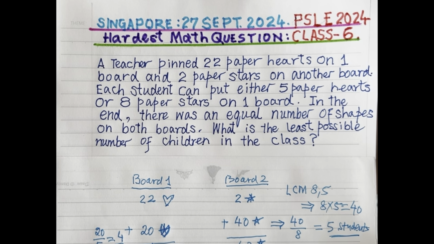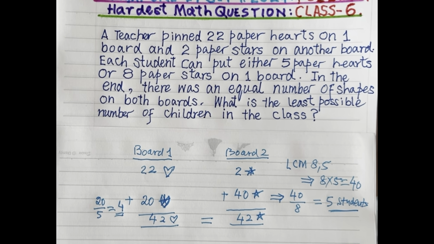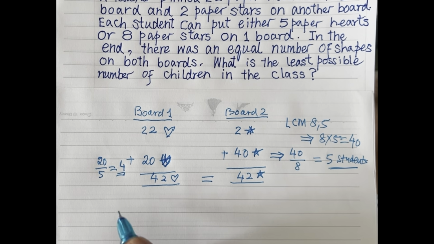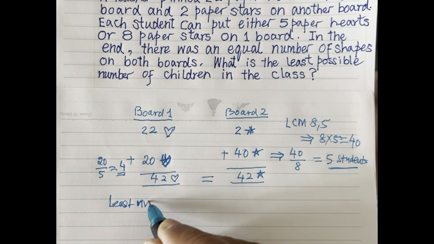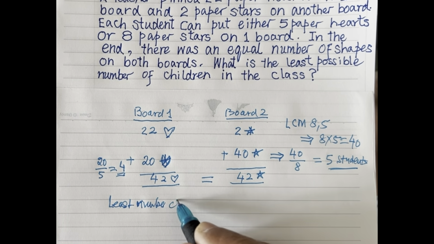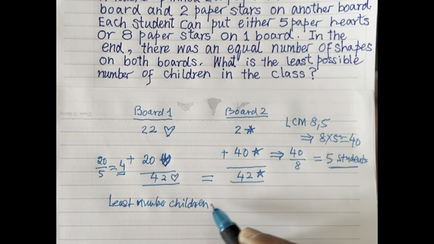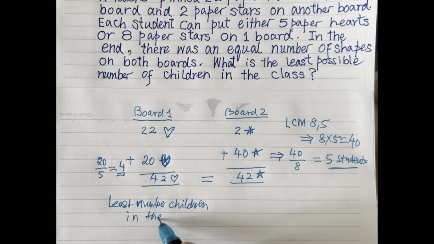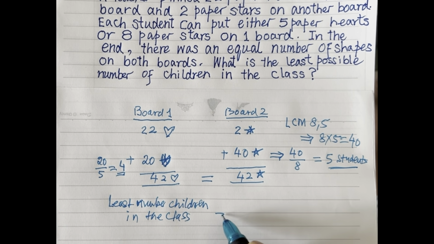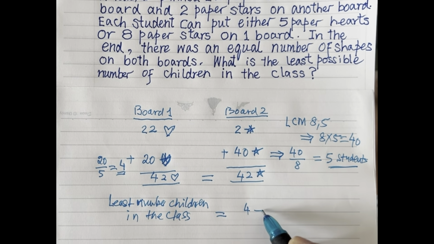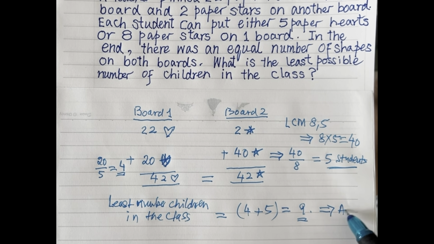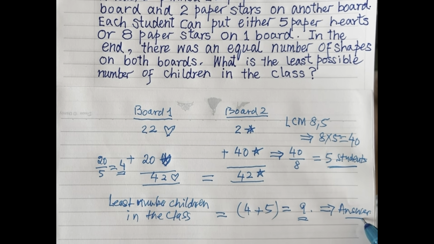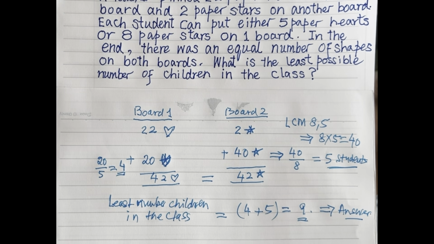Hence, the least number of children in the class is equal to 4 plus 5, that is 9. And this is the answer for this fantastic question.